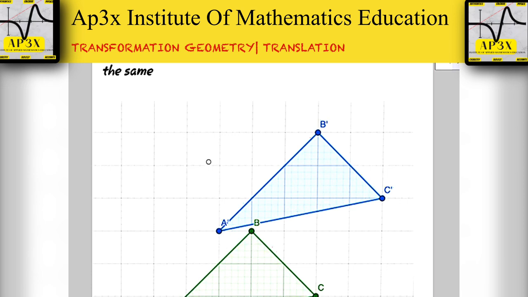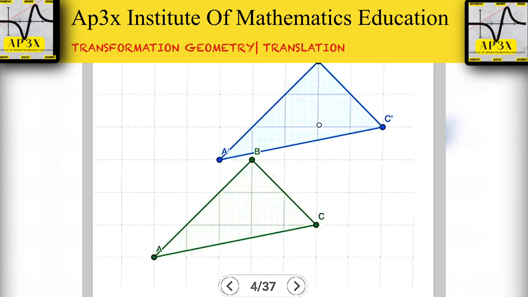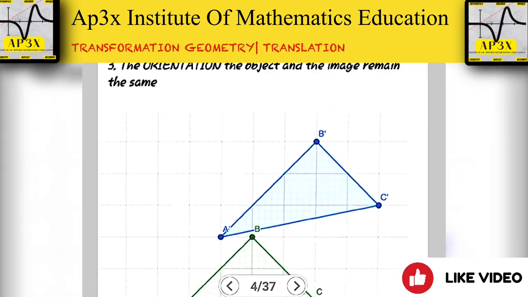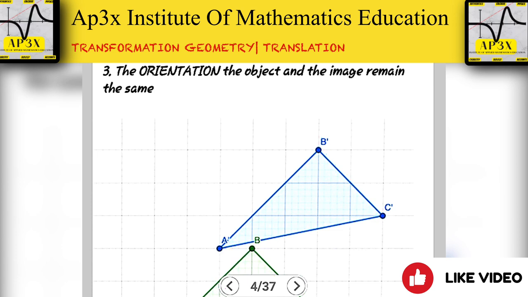Meaning that the image, in this case the blue triangle, is at a different location, but it is identical to how my object looks. And the moment I see that, I know that a translation took place, because no other transformation has an identical appearance between the object and the image. They have similarities, they have a bit of congruency to them, but this is the only transformation where congruency and similarity remain constant.